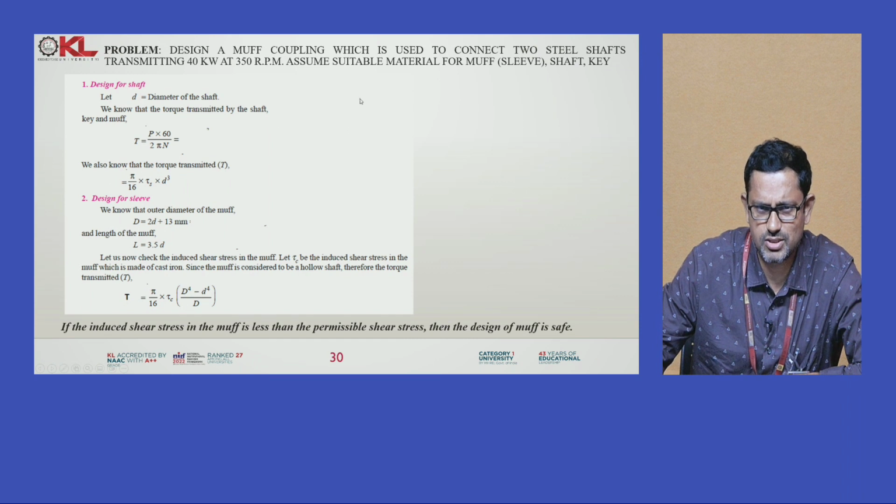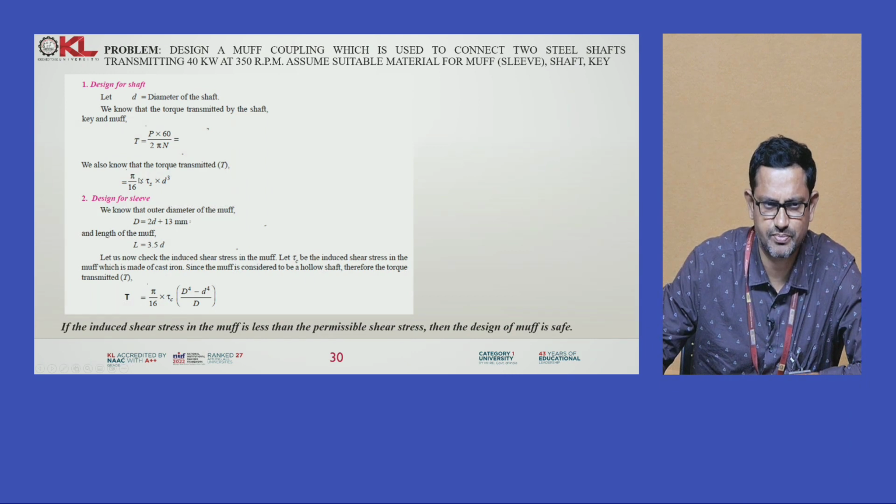Now the first step is designing the shafts. Since it is subjected only to a twisting moment, we can use the torsion equation, and by substituting all the values we get the twisting moment or torque equal to pi by 16 into tau_s, where s stands for shaft, into d cube.